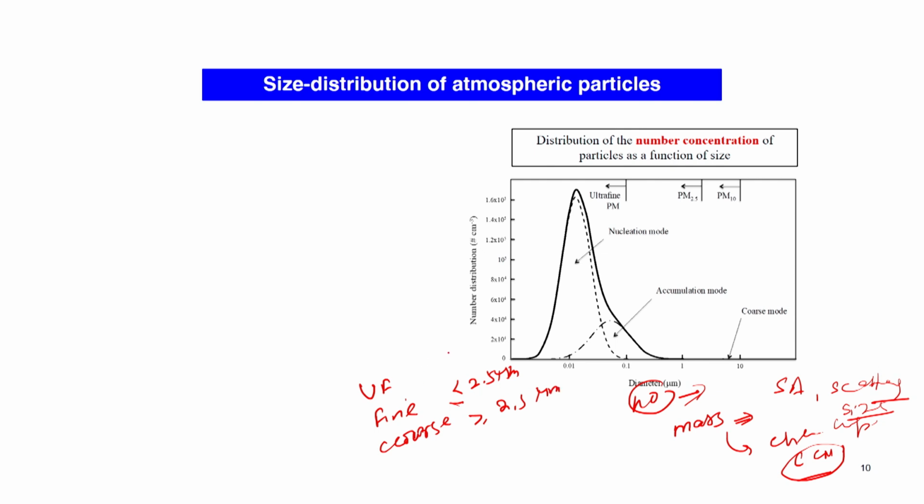You can see here ultra fine is less than, say, about 100 nanometer. In the ultra fine range, you have a nucleation mode and then an accumulation mode, and then coarse. This is very important when we are talking about the number size distribution.